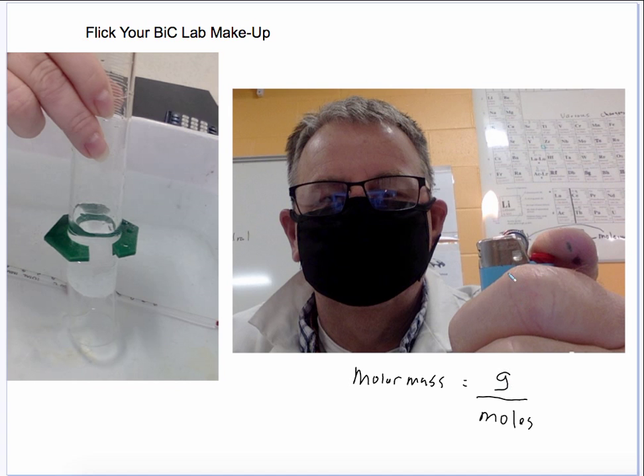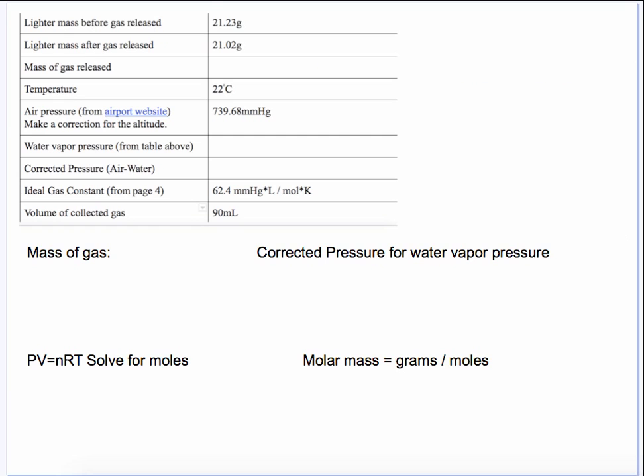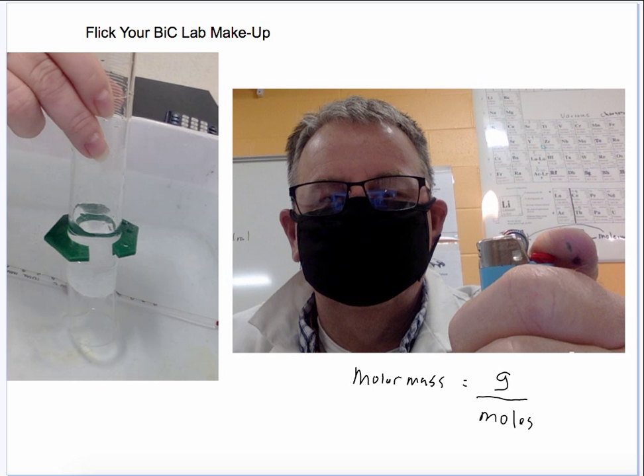So what we did is we took a Bic lighter and found its mass before we released any gas, and we recorded it in a data table. Here's the mass before the gas was released. Then we put the lighter underneath the gas tube, underneath the water, and released gas, which displaced the water, and we collected the gas by water displacement until it reached between 70 and 90 milliliters.